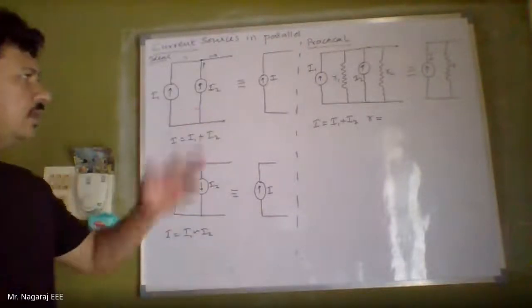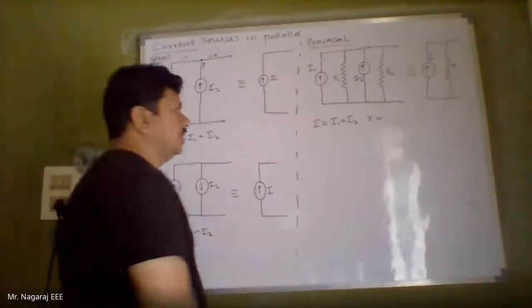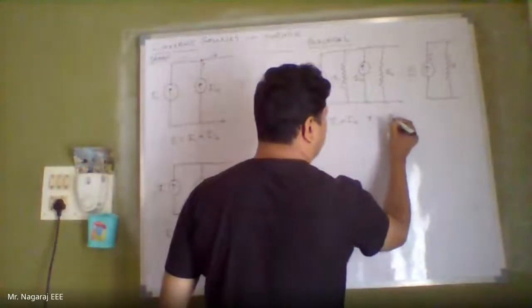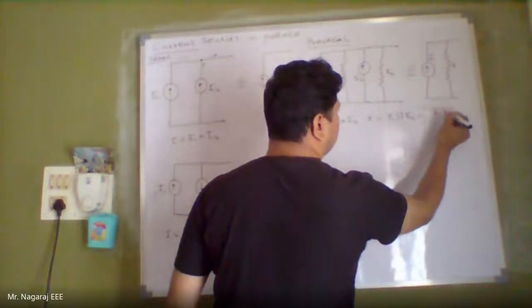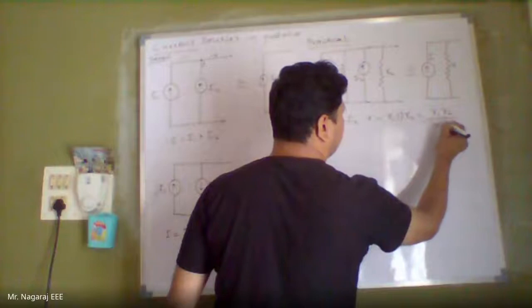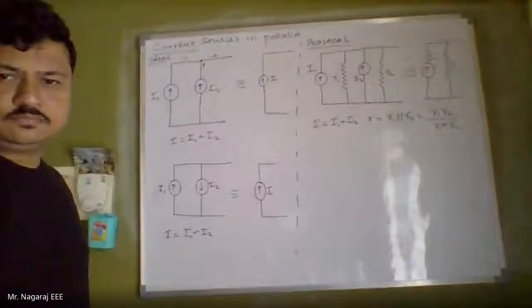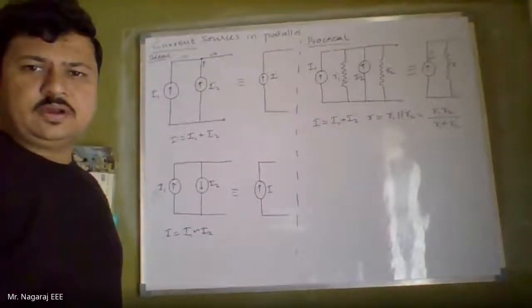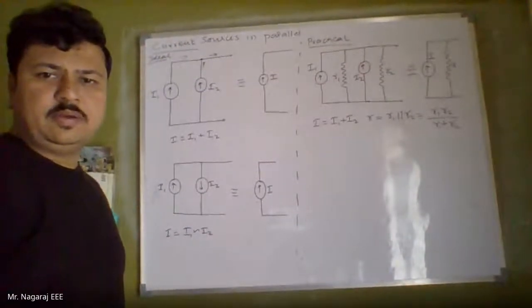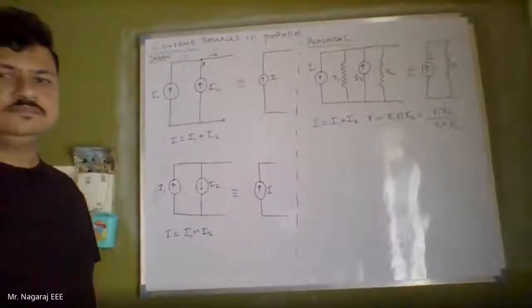Therefore, the equivalent resistance R is the parallel equivalent of R1 and R2, so R1 parallel R2, that is R1 R2 divided by R1 plus R2.